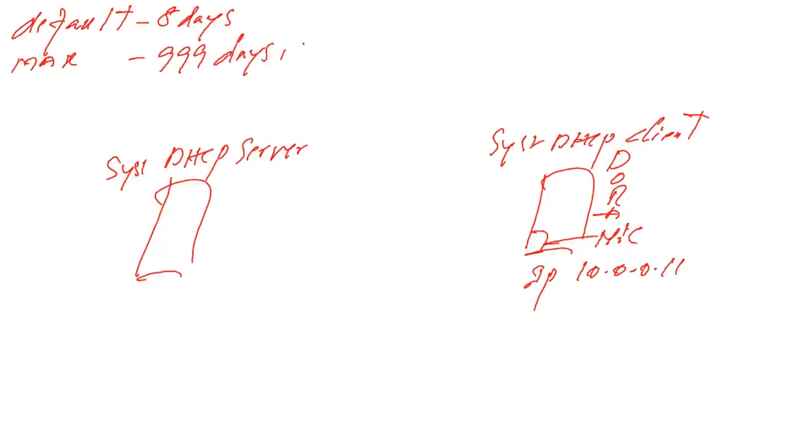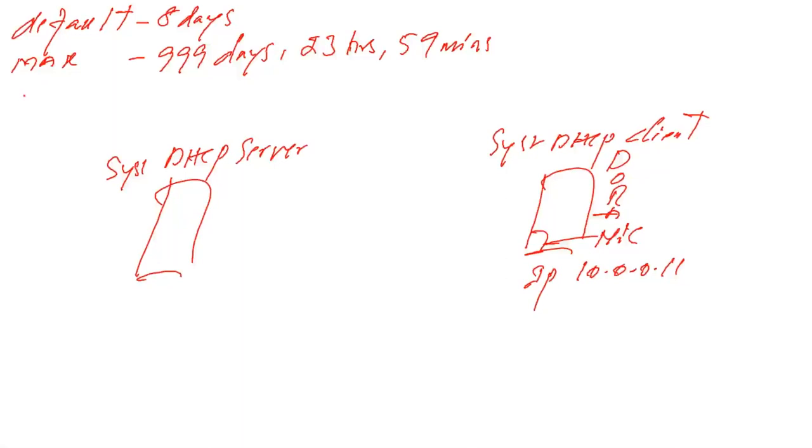Maximum lease duration is 999 days, 23 hours, 59 minutes. Okay, maximum lease duration is 999 days, 23 hours 59 minutes.